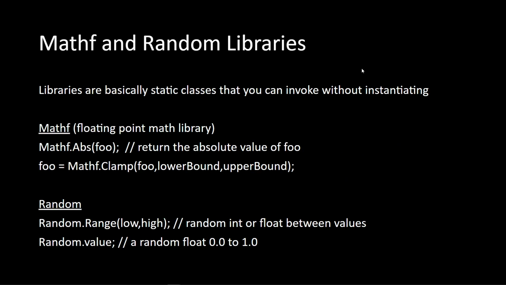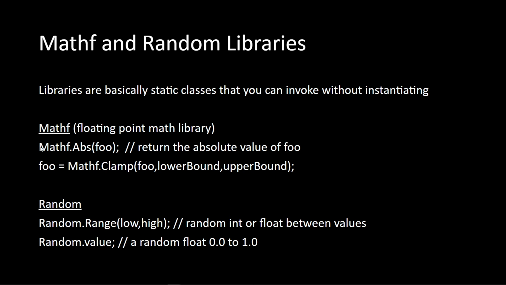Another topic. On the last one, this use of Mathf and Random, certain libraries, and even Vector3, Vector2. A lot of the time, we're referring to what seem like classes. They are basically static classes that you can invoke without instantiating, right? Libraries. So Mathf.Abs is a method of this Mathf class, which effectively becomes a library.